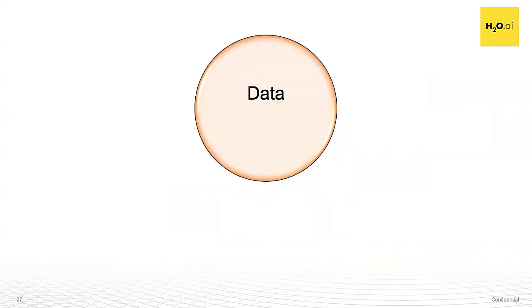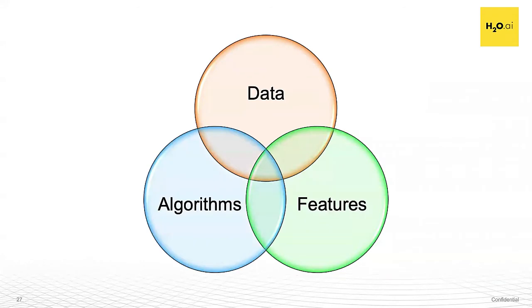Just to summarize what we studied: the three important components of machine learning are data, features, and algorithms. Together they form the backbone of machine learning. With this, we conclude the third part, and it's time to move on to the final part, which is the machine learning workflow.